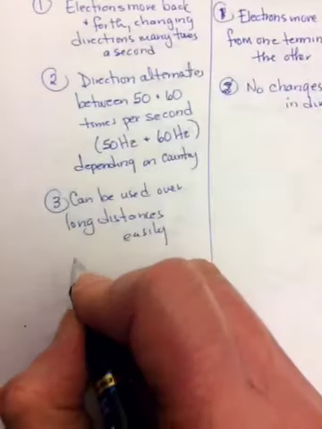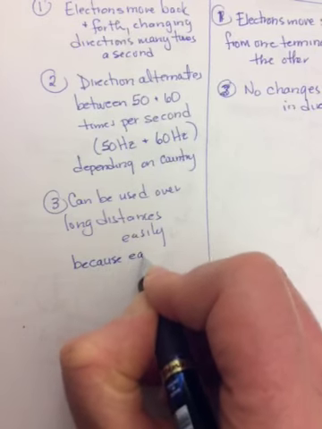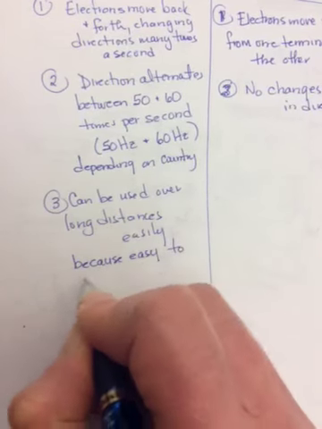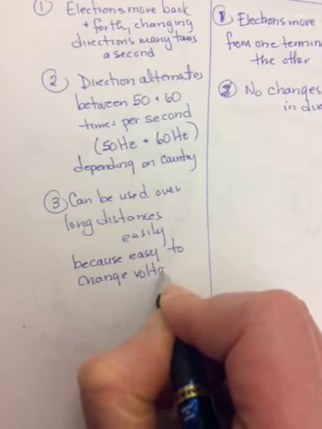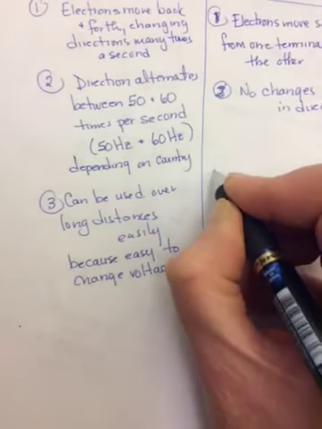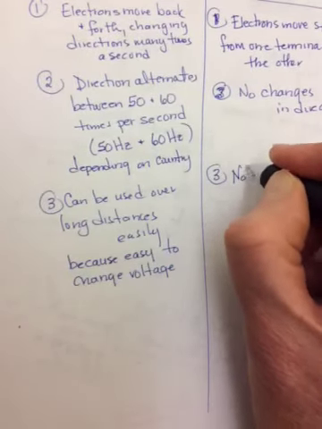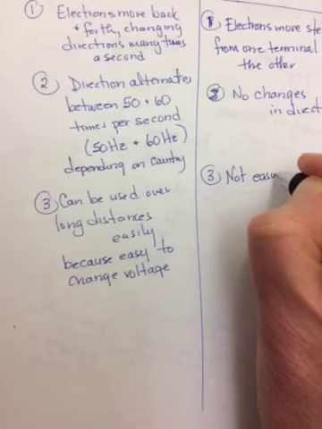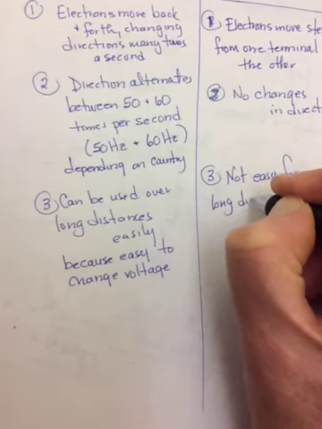And that's because the voltage is easy to change. This one, you might be able to guess, not easy for long distance transmission.